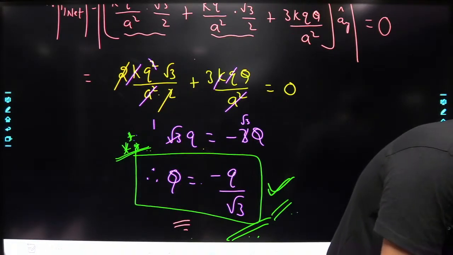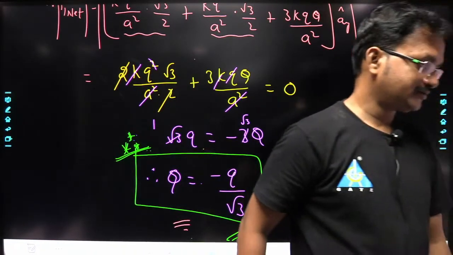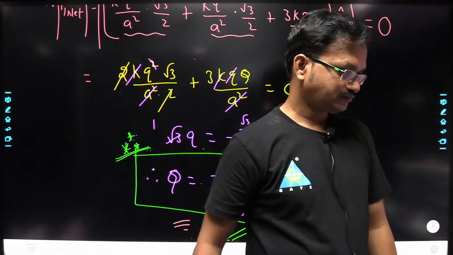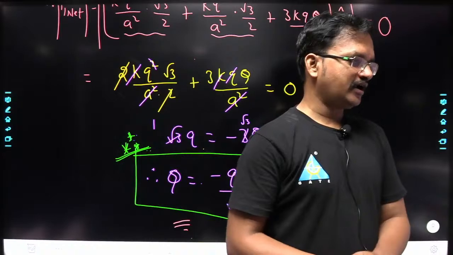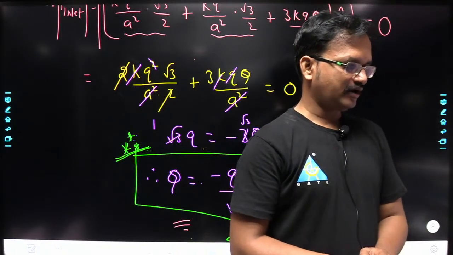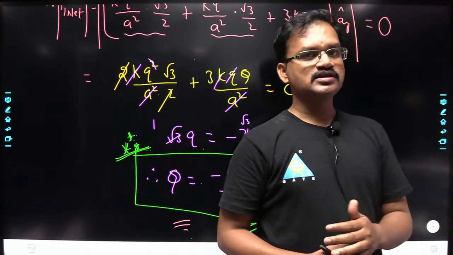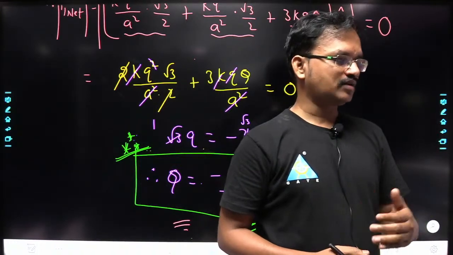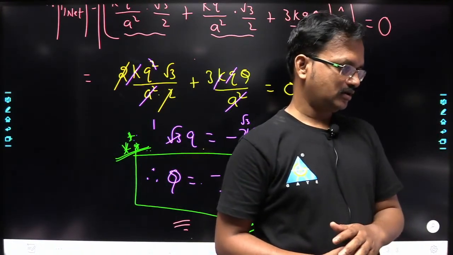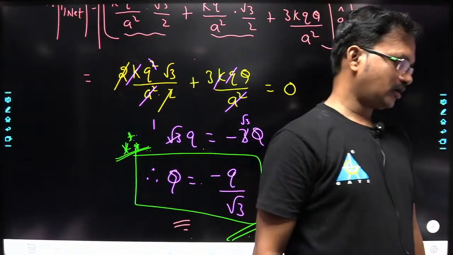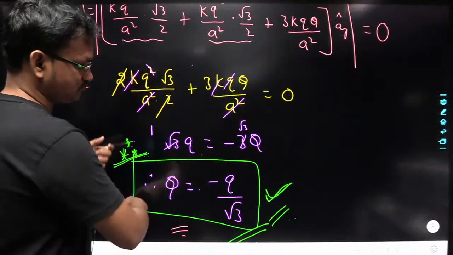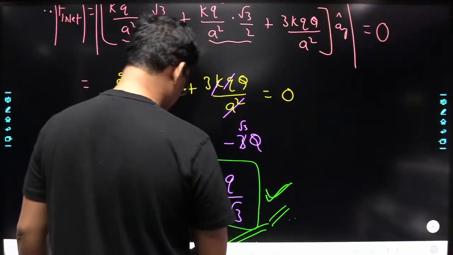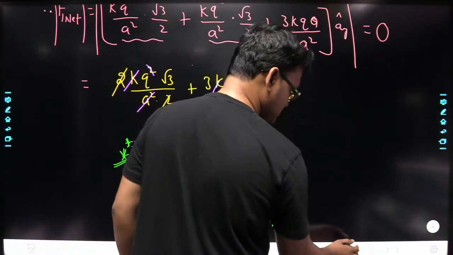I hope your doubt is clarified. They don't pick some random question and ask you to solve it. Whenever they ask some question, it is going to have some meaning.